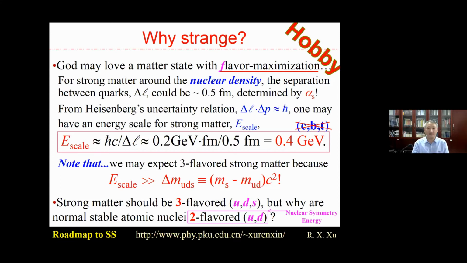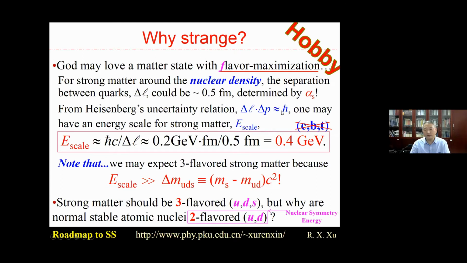Because of gravity, the density could be higher, a few times nuclear density. So in this case, you can estimate the energy scale of this kind of dense matter by Heisenberg's uncertainty relation. The separation between quarks could be around 0.5 fm.